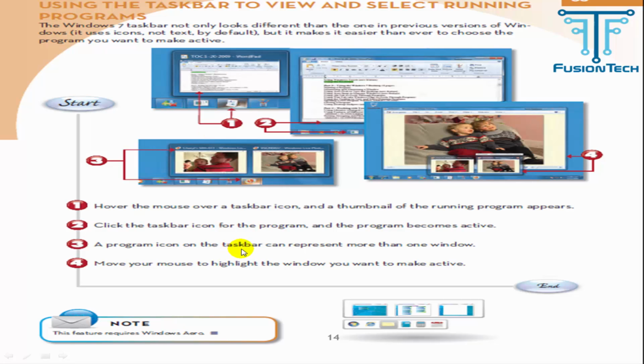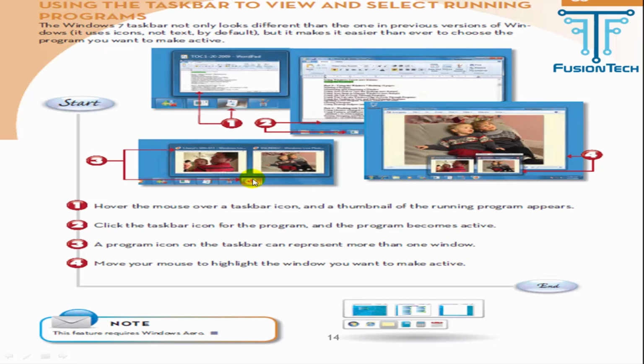A program icon on the taskbar can represent more than one window, and you can open a program more than one time. That means one window is a picture, and you can see that there are two pictures at a time. Move your mouse to highlight the window you want to make active.